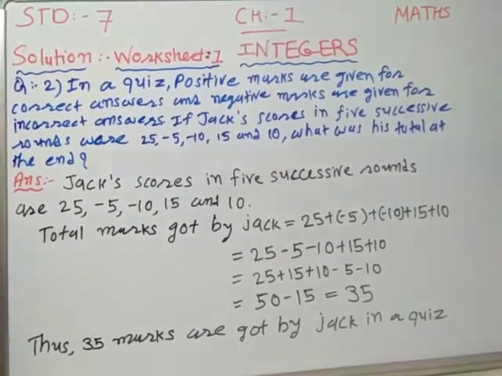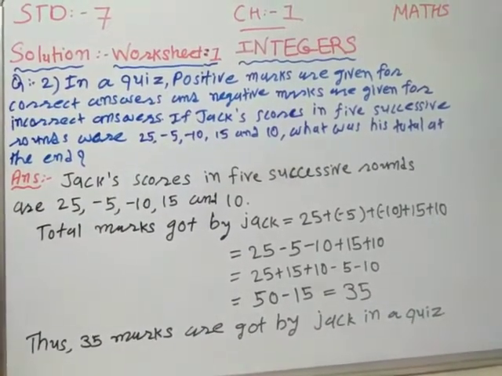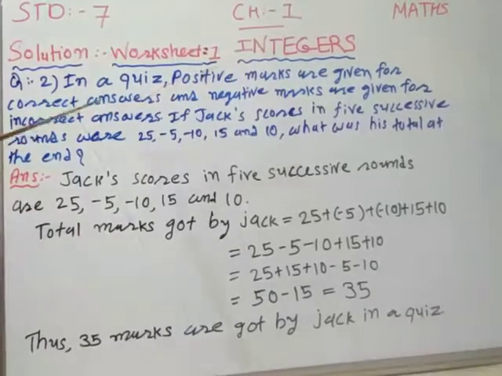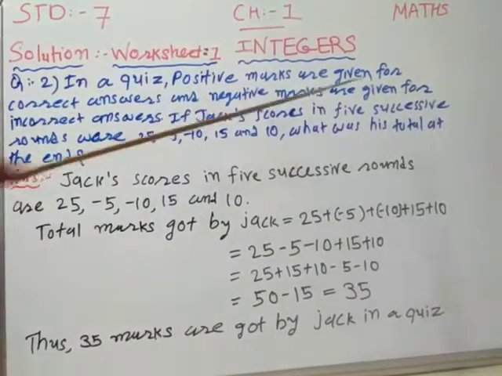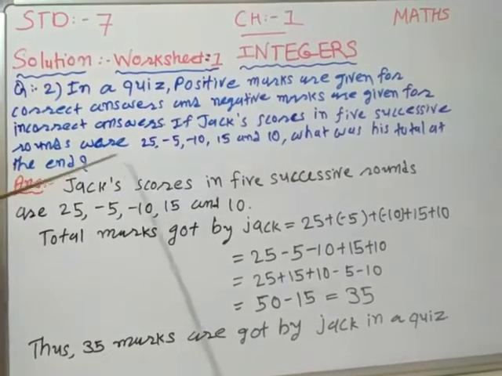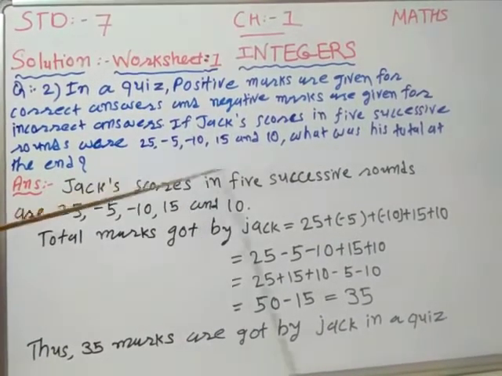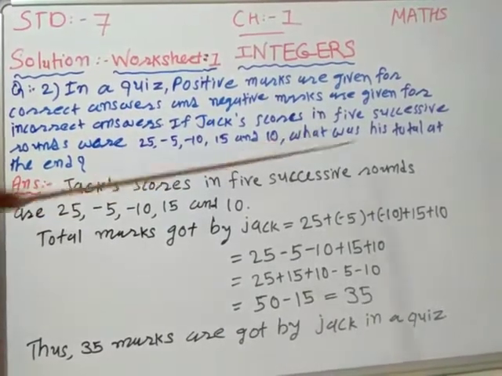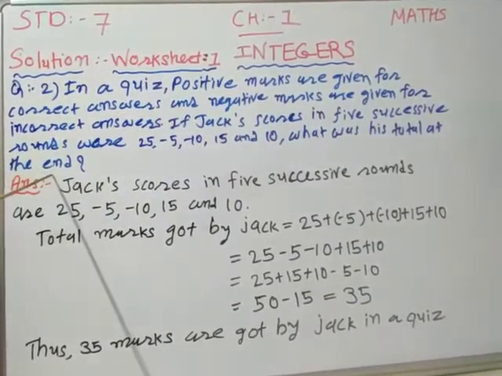First, let us understand the question. In the question, positive marks are given for correct answers and negative marks are given for incorrect answers, and scores for the 5 successive rounds are given. So we have to find out the total at the end.